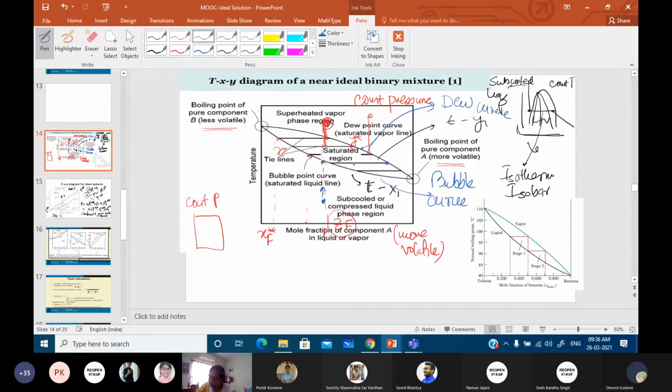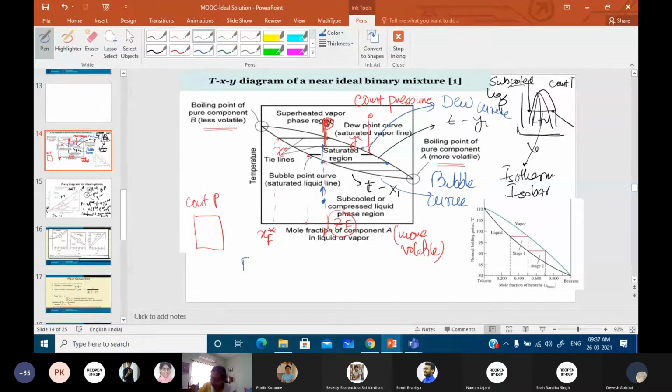Now, when we are inside this liquid vapor region, suppose we are at this point, right? At this particular point, the liquid composition is given by this, the vapor composition is given by this. What is the proportion of liquid and vapor that we have? To find the proportion of liquid and vapor, just by simple mass balance, what do we know?